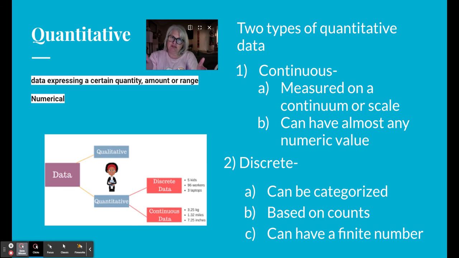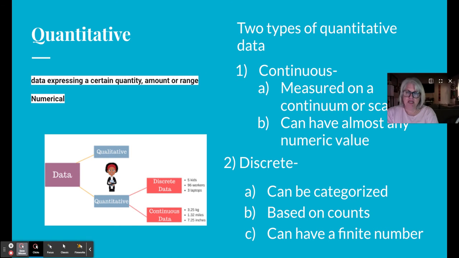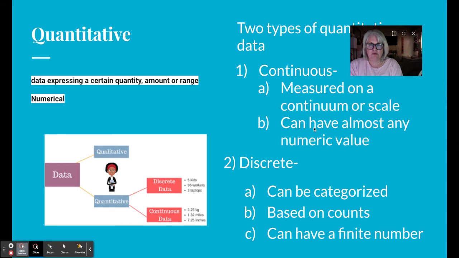There's not a continuum in there. There's not somebody who bought half a white car and half a blue car, although there might be. But think of discrete as being in chunks, where they're basically counts of things. So that is quantitative data.